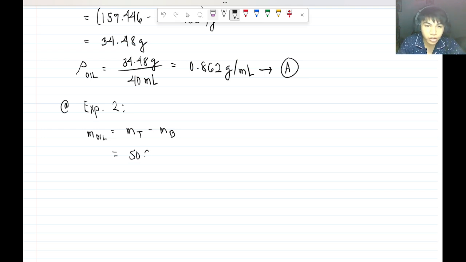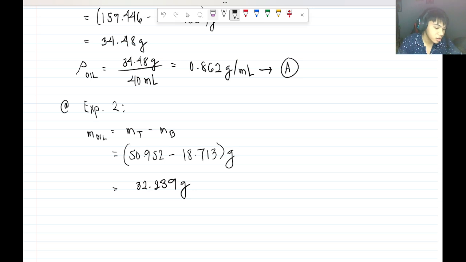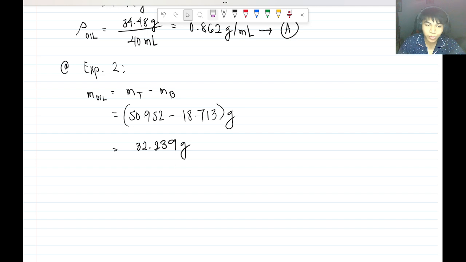So that's 50.952 minus 18.713. This is in grams. So we have 32.239 grams. And again, since we have the density and we have the mass, we can compute for the volume. So volume is the mass over the density.